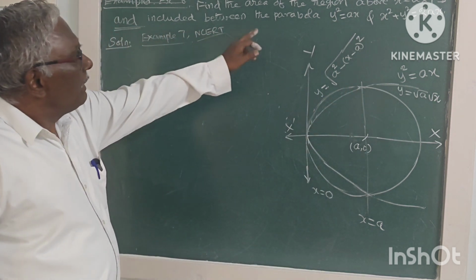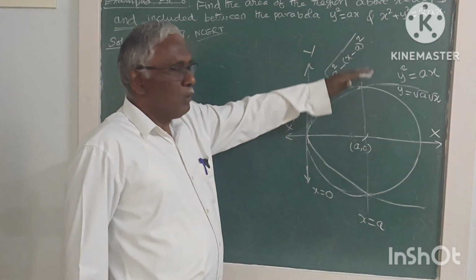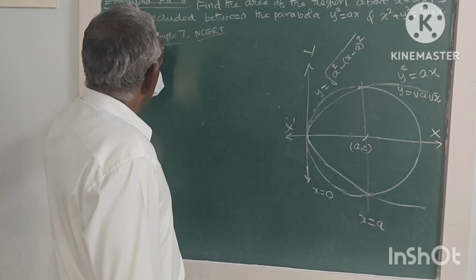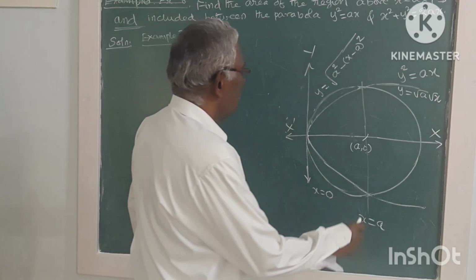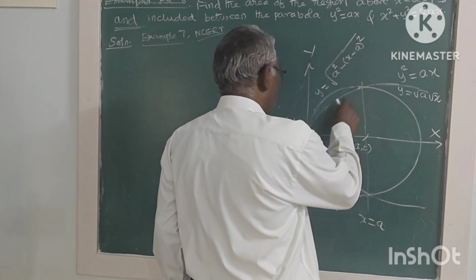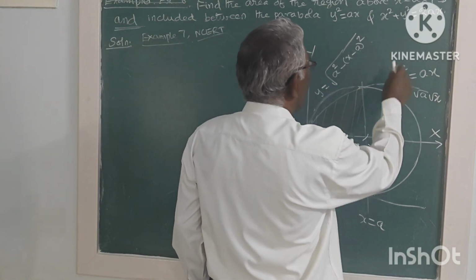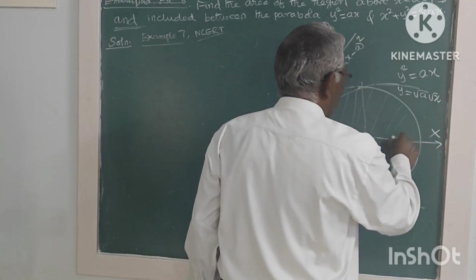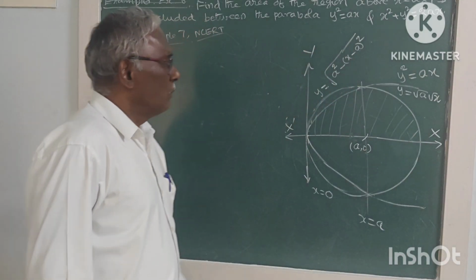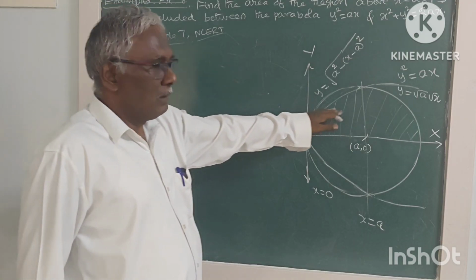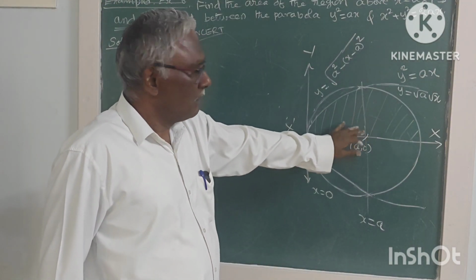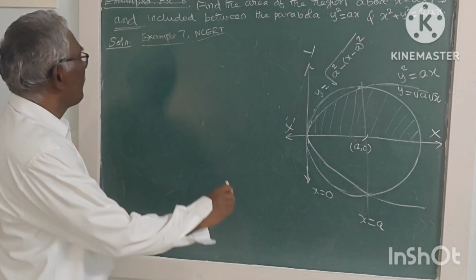Now, the area of the region above the x-axis and included between the parabola and the circle, this area we have to find now. By adding 'and', the shaded region becomes like this.